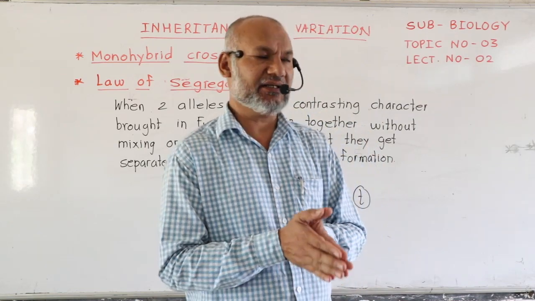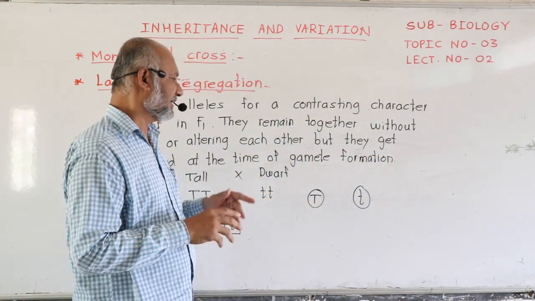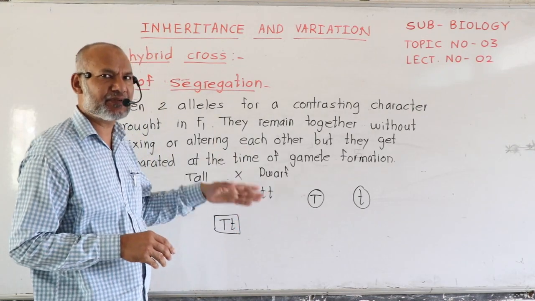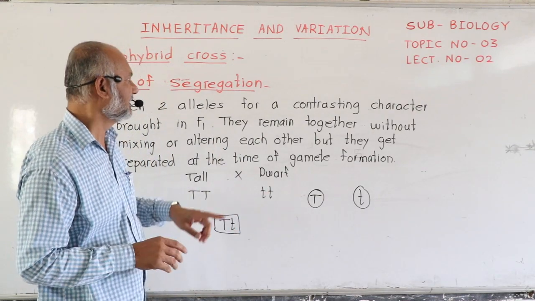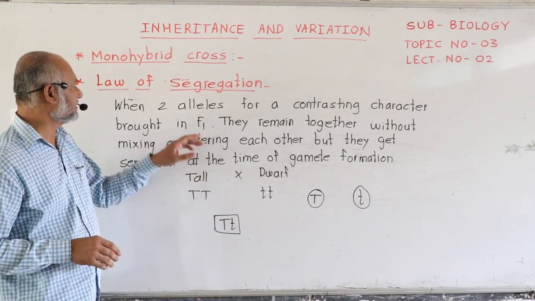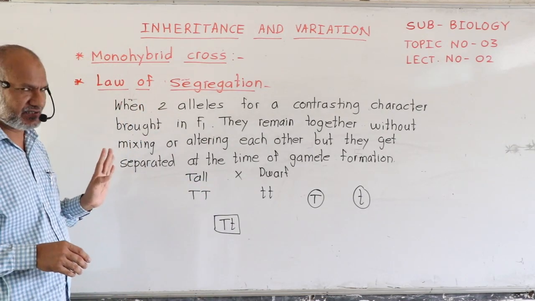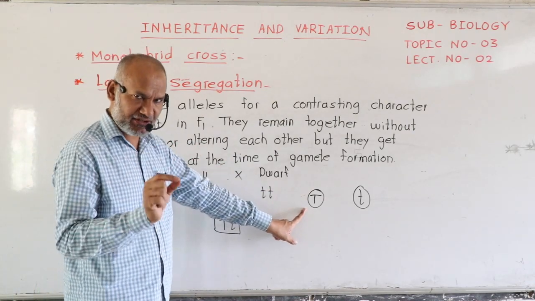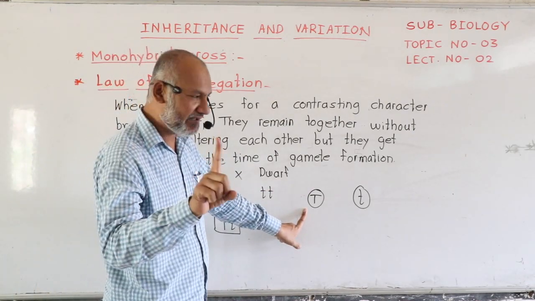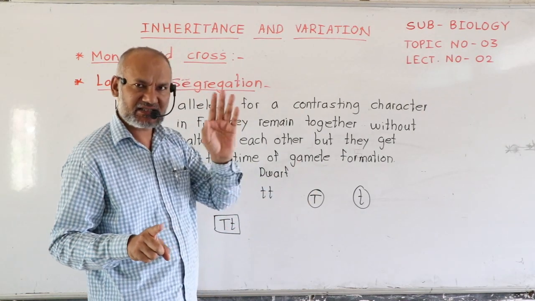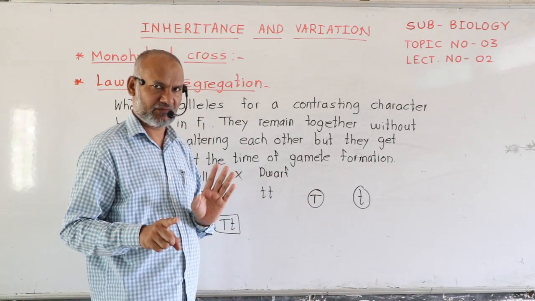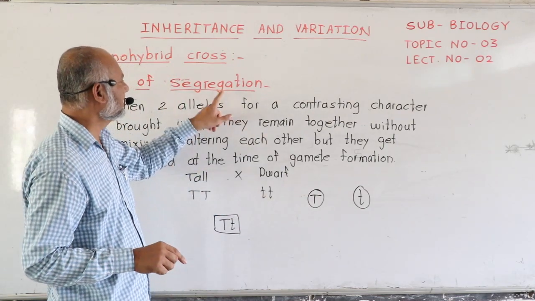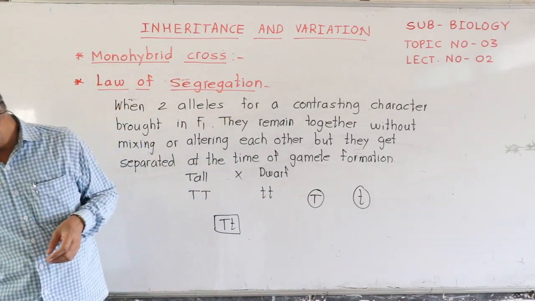During gamete formation, each gamete receives a single allele for a contrasting character, and hence this law of segregation is also termed the law of purity of gametes.